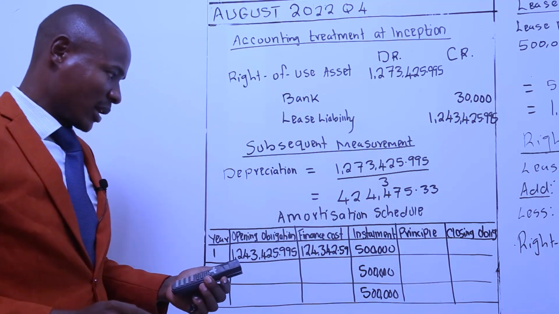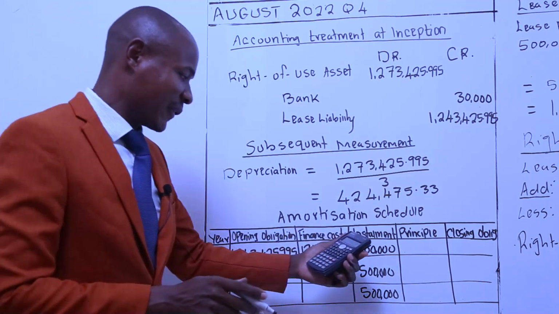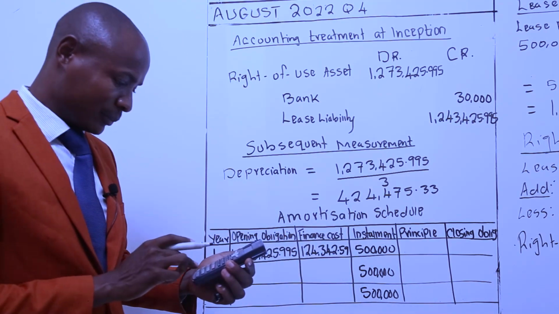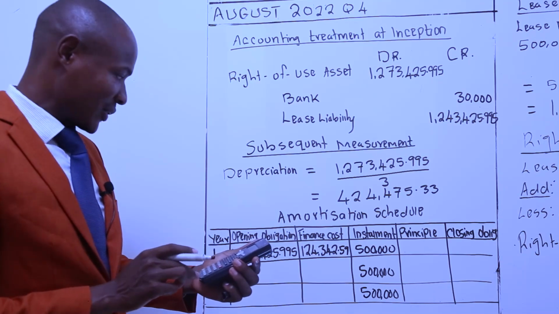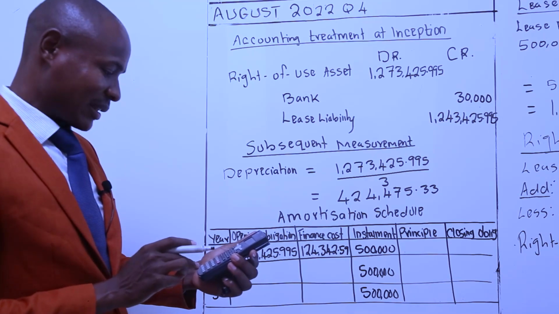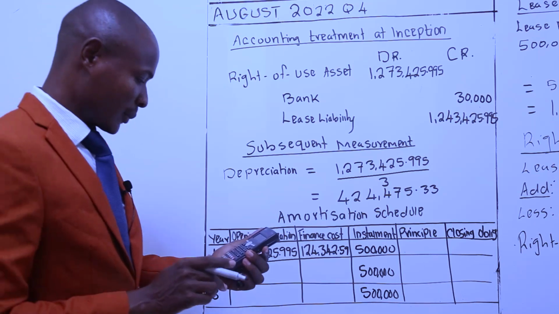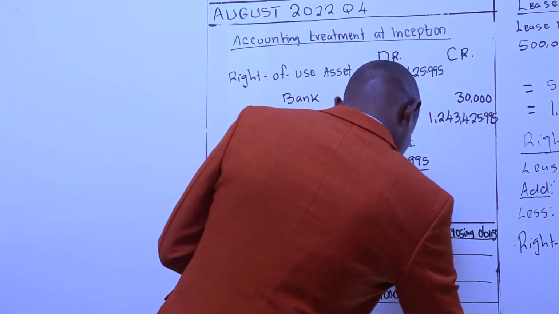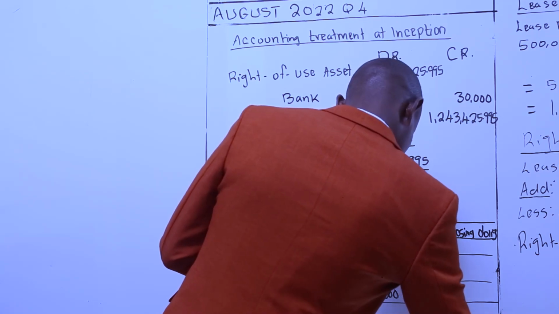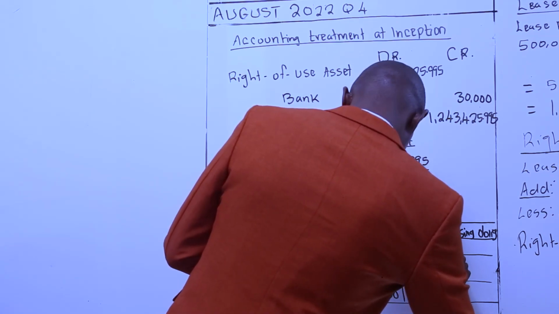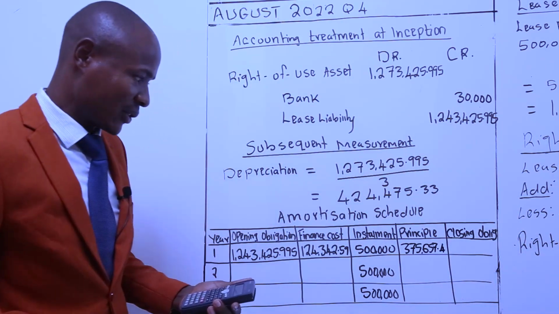That is 124,342.59, and principal will be 500,000 minus that answer, which is 375,657.4005.